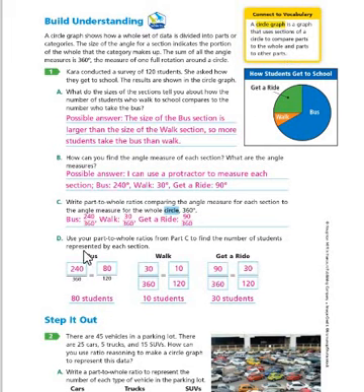So when I compare bus to the whole circle, it will be 240 degrees to 360 degrees. Walk to whole will be 30 over 360, and bicycle to whole here will be 90 to 360, and we can use it as you can see here.